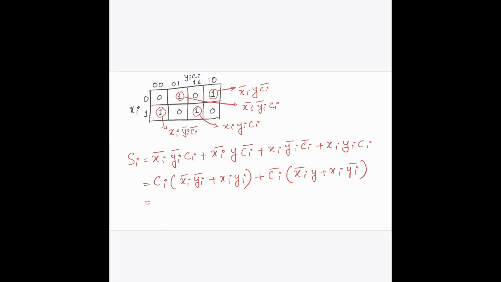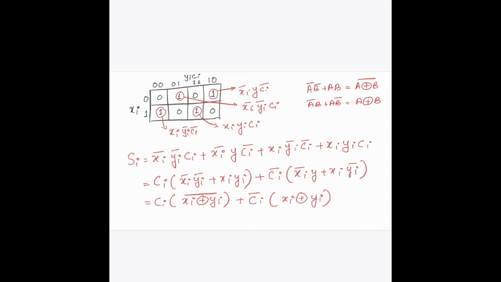Now, a bar b bar plus ab is equivalent to a XNOR b, and a bar b plus a b bar is equivalent to a XOR b. So the first term corresponds to XNOR, and this can be written as ci into xi XNOR yi plus ci bar into xi XOR yi.